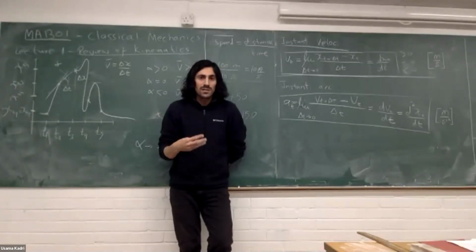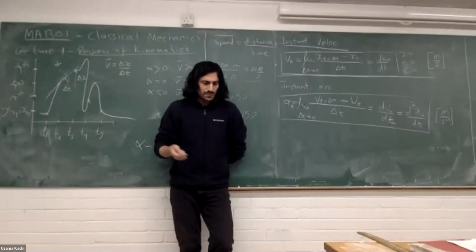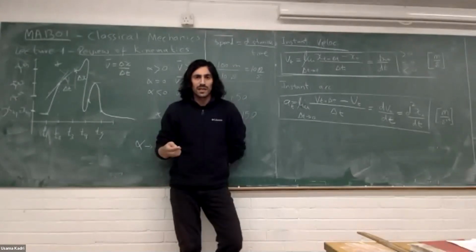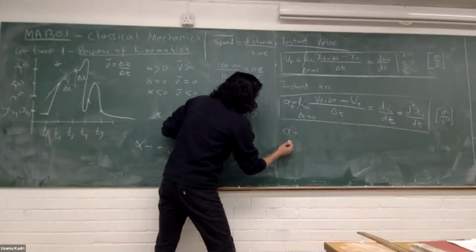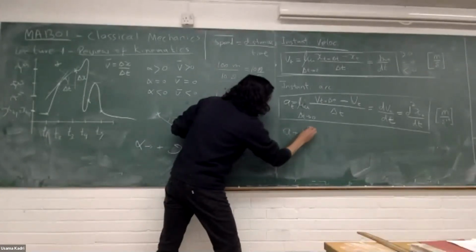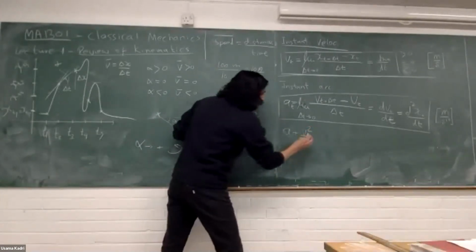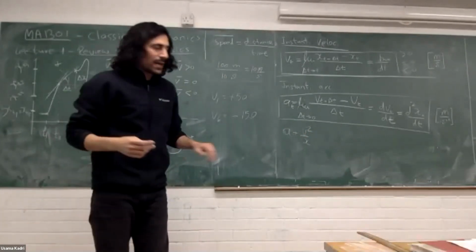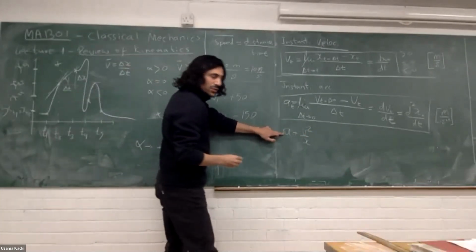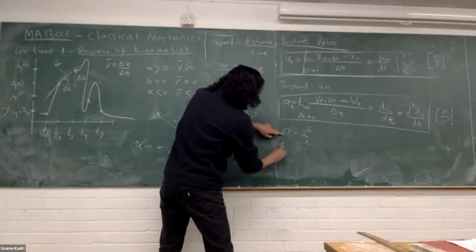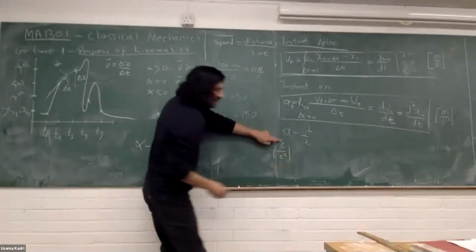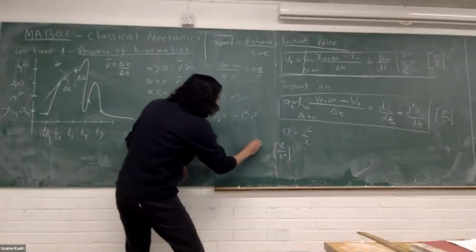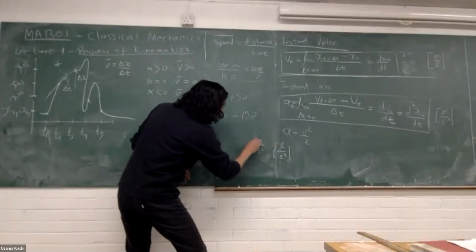If I'm dealing with acceleration and I find out that I have some variable which is, for example, a plus something like v squared over x, I stop for a second. I know that a has units of length per time squared. If it's easier for you, you can just write meter per second squared.